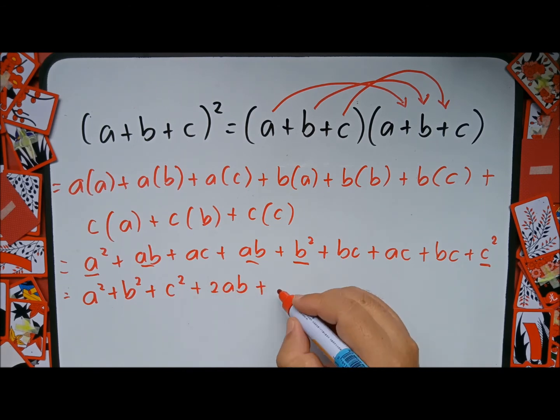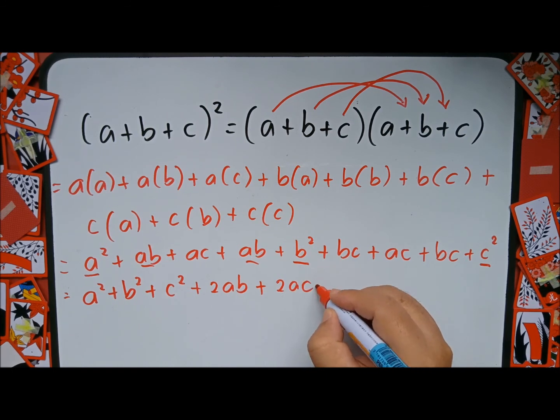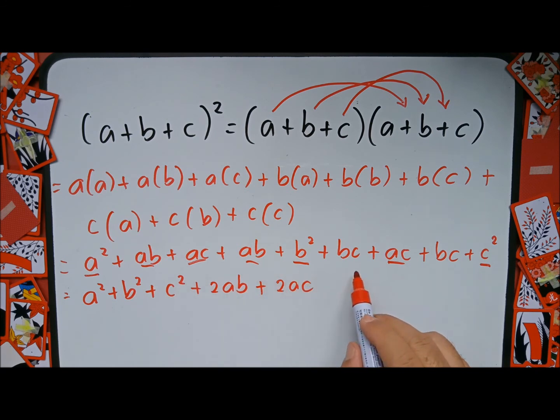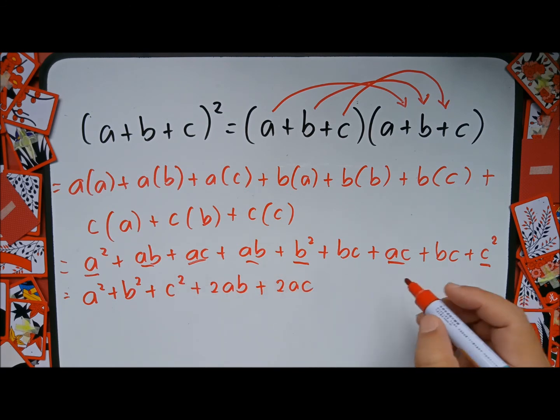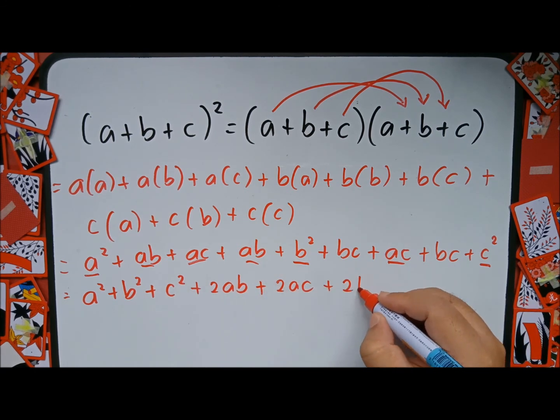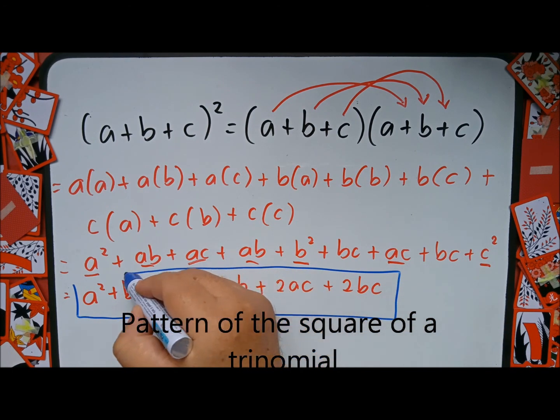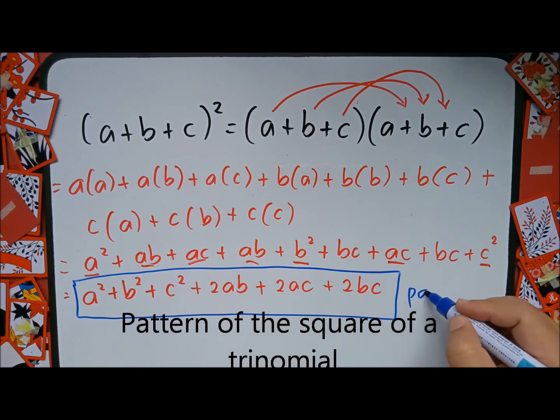So AC plus AC is 2AC. Next, BC and BC. BC plus BC is 2BC. So, this will become your pattern.